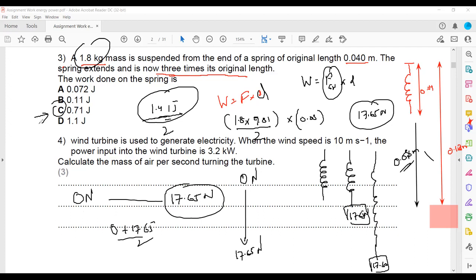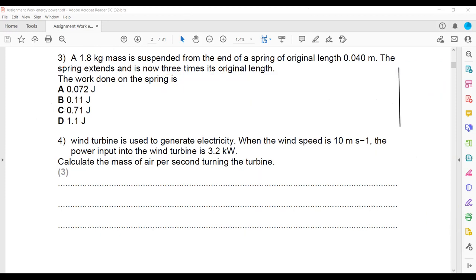Is this example clear? This happens whenever we have springs. We attach a load, and the force is not a constant force, if there is a spring or a string or a wire, even though the weight is constant. For example, if you have a wire and you attach a load of 5 Newton, originally the wire was not experiencing any force, so the force was 0.